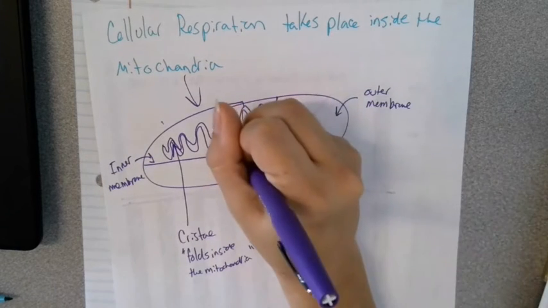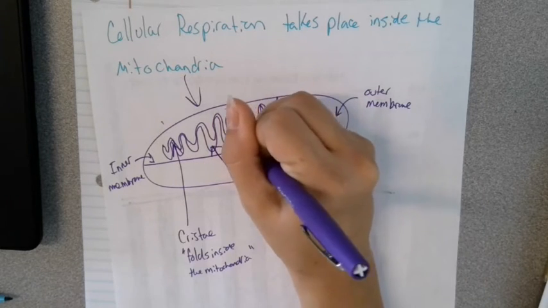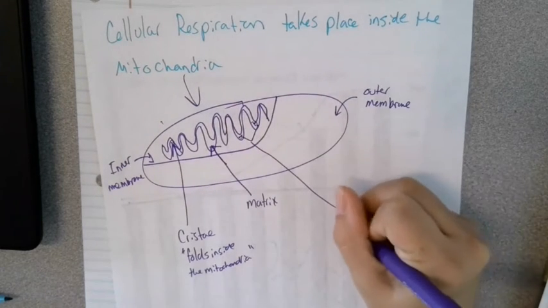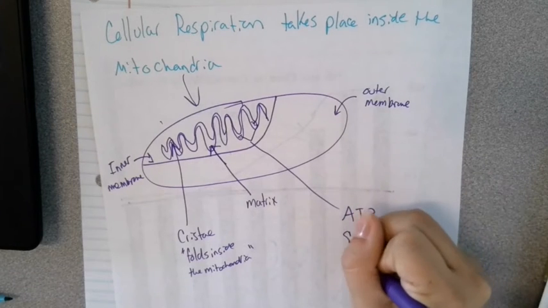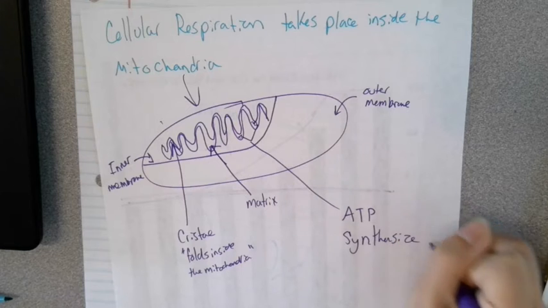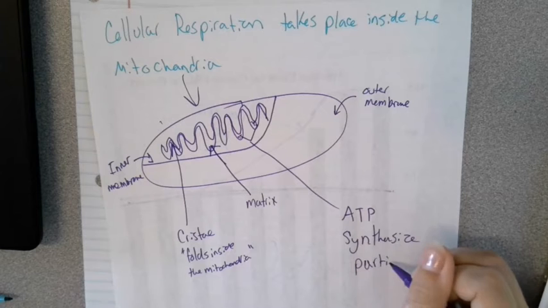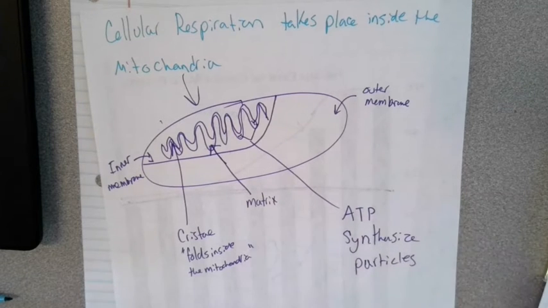And inside of the matrix, there will be these little sites where we can see particles roaming around. Those are particles that are synthesizing ATP particles. So this is just the basic parts of your mitochondria. I know that there is a lot more to a diagram, but this is all we need to know for cellular respiration.